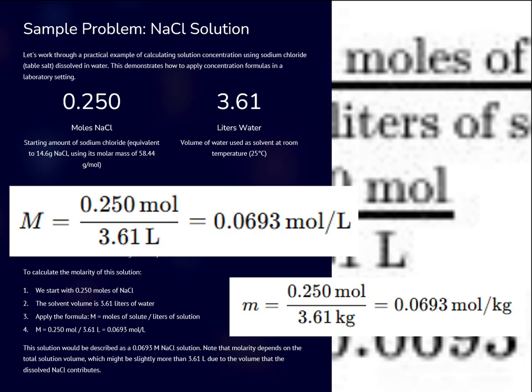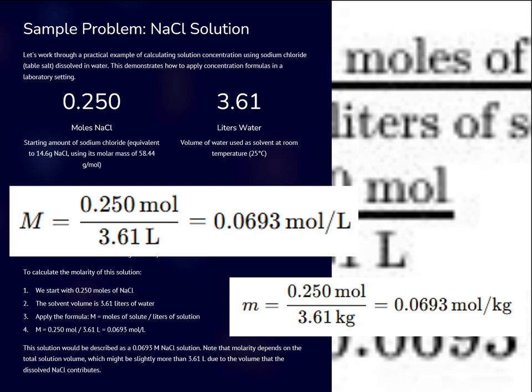Now, if we're going to calculate the molality, we need the mass of that water. We know as a general rule that generalizes pretty well, 1 liter of water weighs about 1 kilogram. So we'll use a quick rough substitution here. Because of that, we know that 3.61 liters of water is equal to 3.61 kilograms of water.